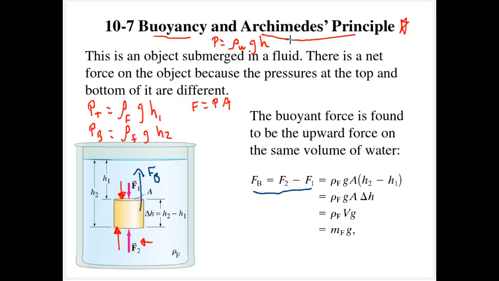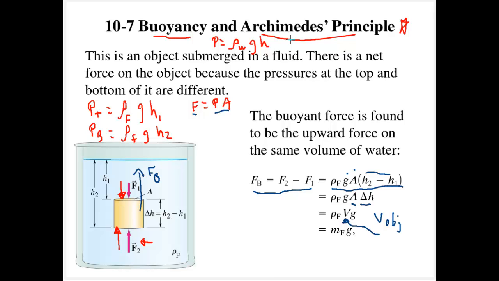And if I take my forces to be the pressure multiplied by the area, you can see how the book gets the density of the fluid multiplied by gravity multiplied by the area, as well as the differential heights right there. We know that the area multiplied by this height differential is also going to be the volume of the object. So very key thing to keep in mind, this is going to be the volume of the object, or the volume that's submerged.